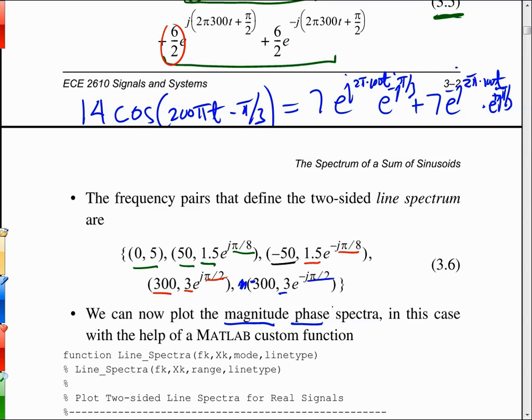What MATLAB will do, if you try to make it plot something complex, say t, comma, a complex quantity, is it will typically give you an error message, and it will say ignoring the imaginary part. Has anybody ever seen an error message like that last Friday? What is that? When you see an error message or a warning, what do you think of?